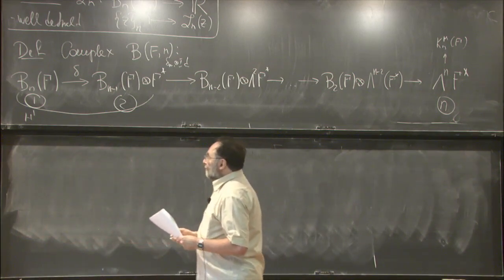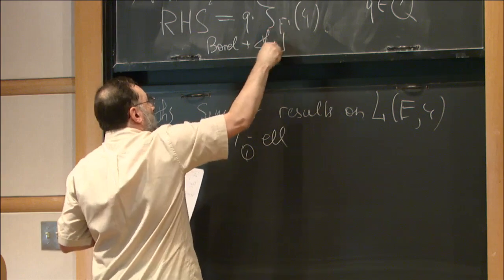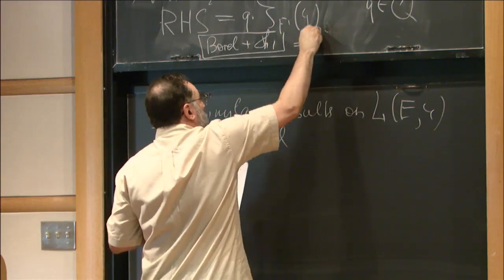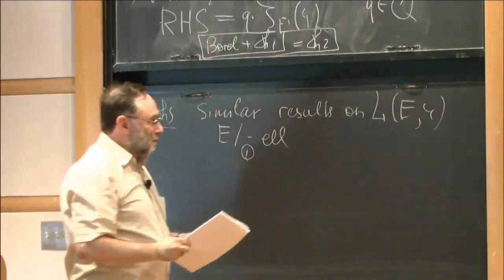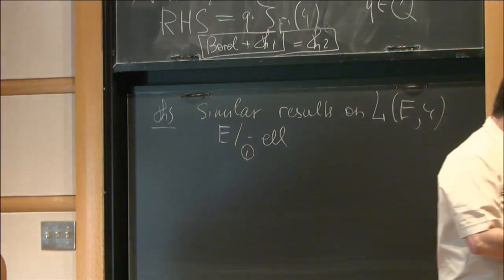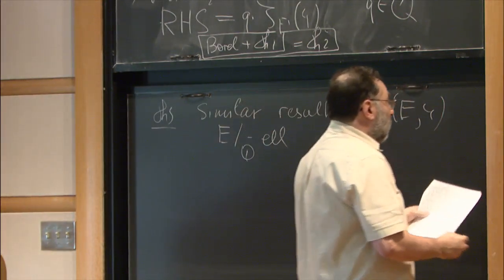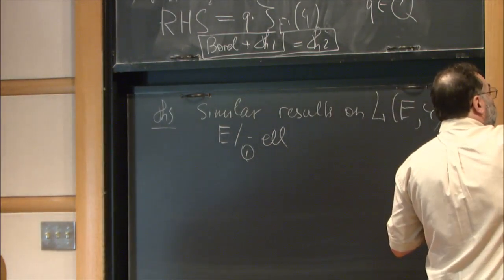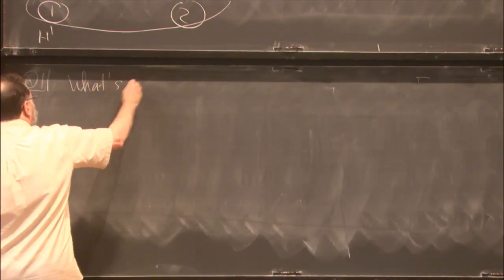And so I actually said, and I wanted to say this once again, that this theorem follows from Borel plus theorem 1. And this is theorem 1 plus something which comes from Goncharov's work. All right. Now, then we have two questions. So the first question is, what's new we learn from this?